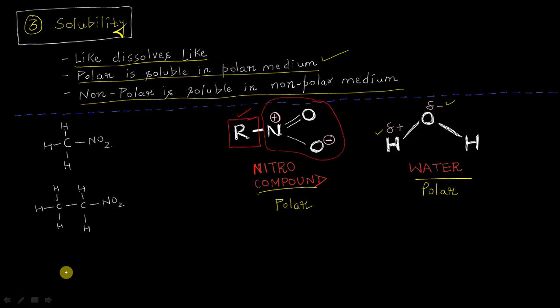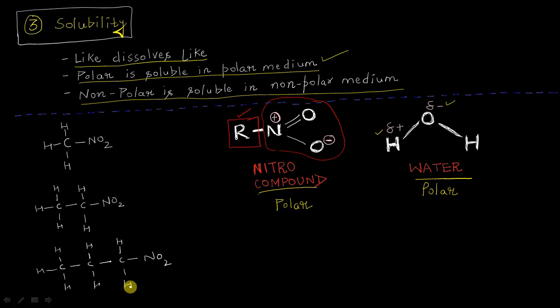And moving further, increasing the size of the R group from 2 carbon atoms to 3 carbon atoms, I can show it like this. Here is my nitro. The first hydrogen atom, the second one here, third one, fourth, fifth, sixth and seventh.